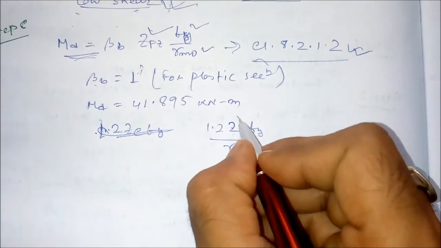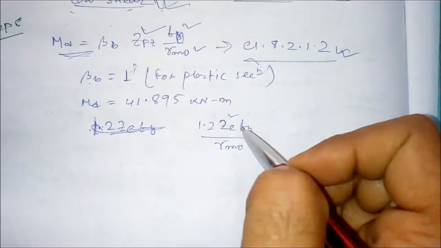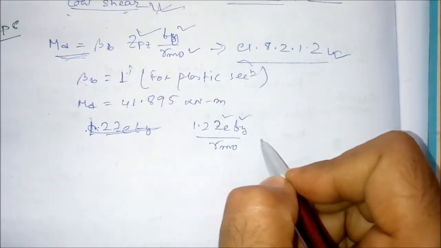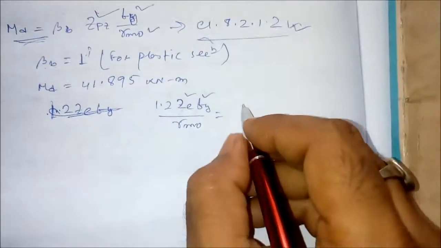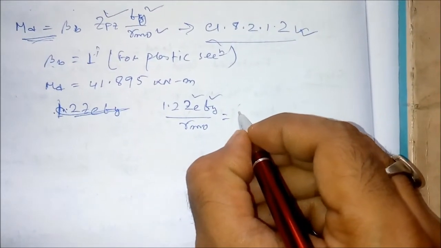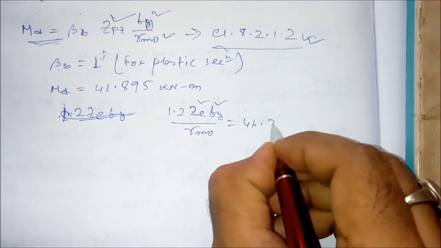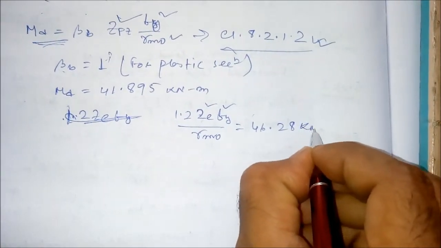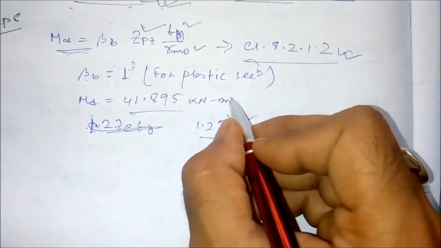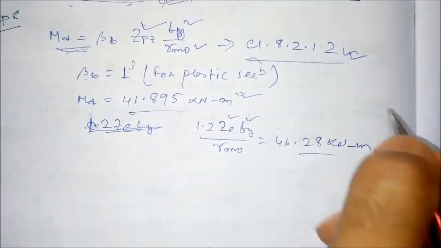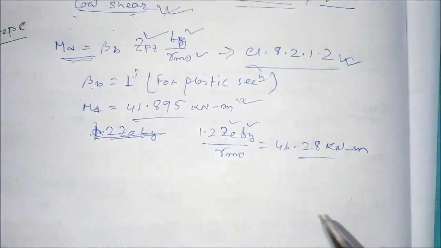All the values are known. Ze you have already seen, Fy is already known. If you put in all the values and convert to kilonewton meter, you will get 46.28 kilonewton meter. Now if you compare these two values, this one is the lesser one, so this is satisfying the limitation.